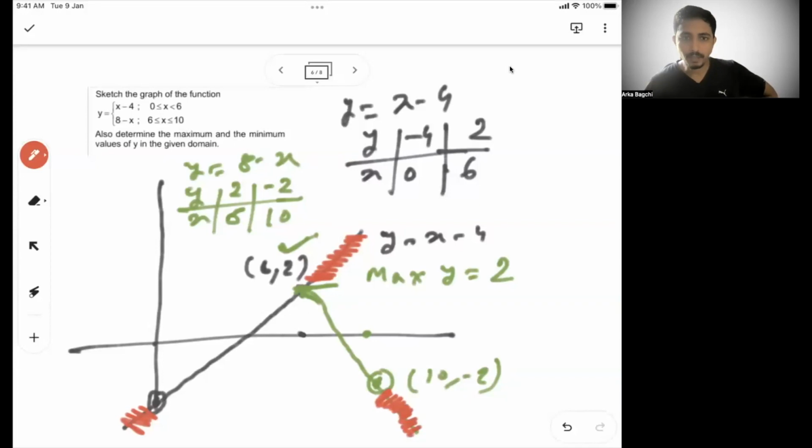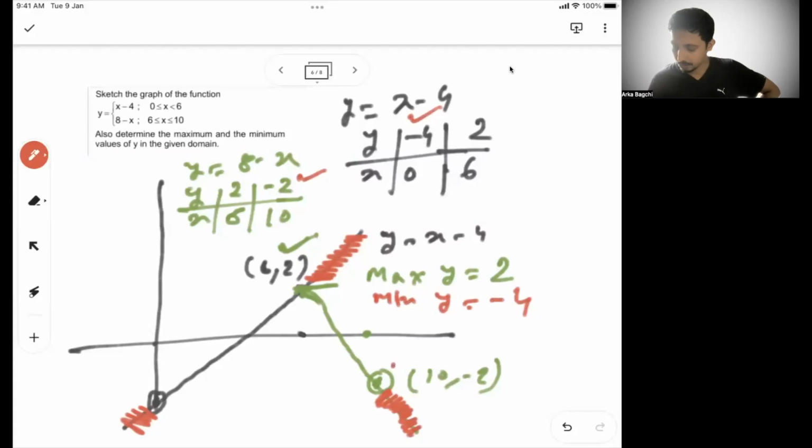So here I can see y value is -4 at the lowest point of x, and y value is -2 at the highest point of x. So the minimum for y is -4. This is the minimum point.